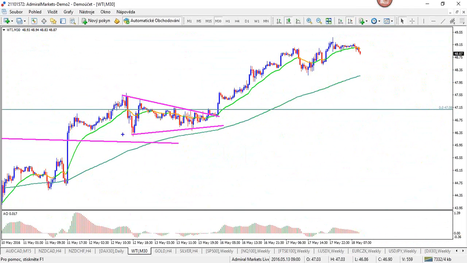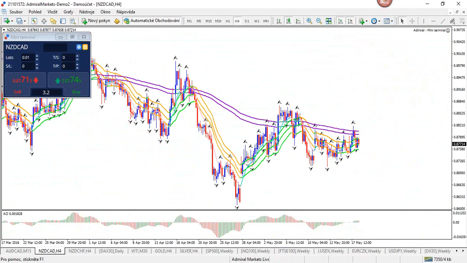Another pattern of a triangle. So this was the flag. This was a mini flag, right? And then we had a decent bear flag. So both could have been good breaks, in fact. Good breakout trades.